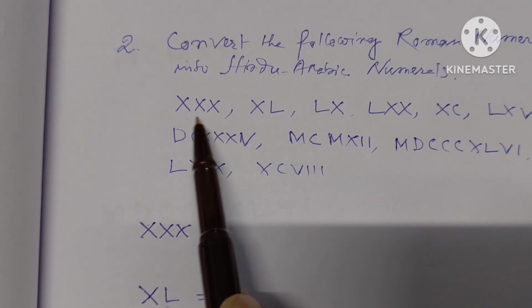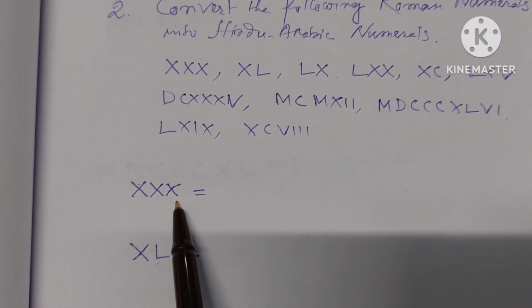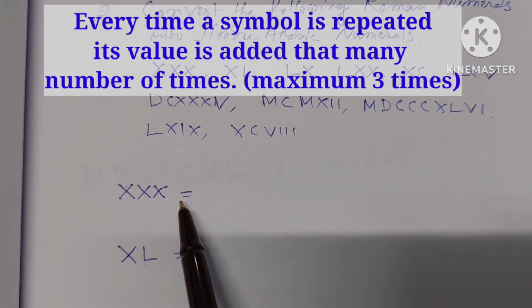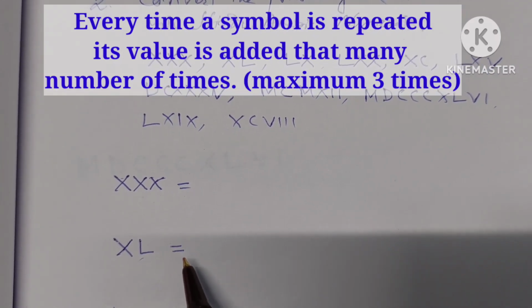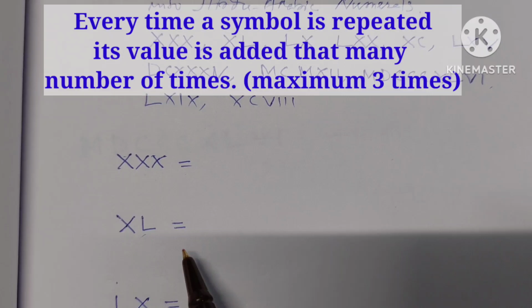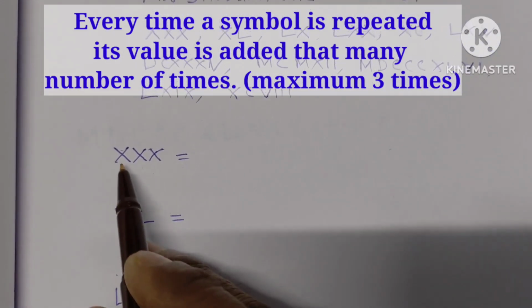Let us do. The first one is XXX. Here is the symbol X repeated three times. We know that every time a symbol is repeated, its value is added that many times, maximum 3 times.